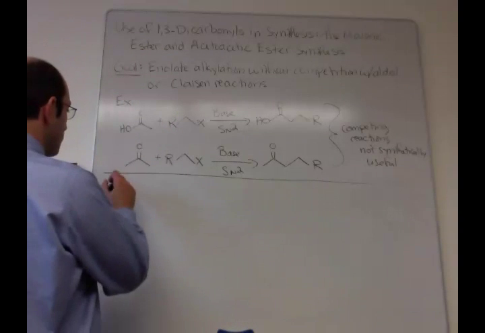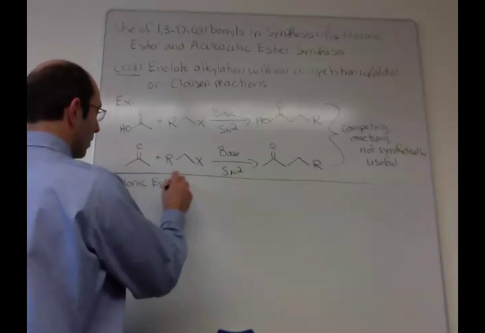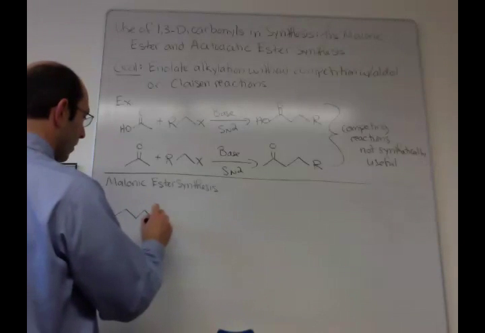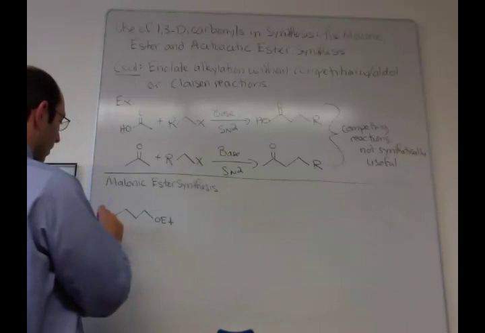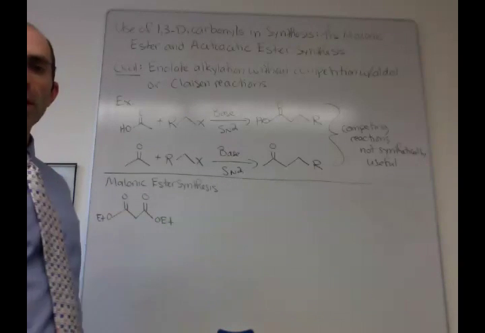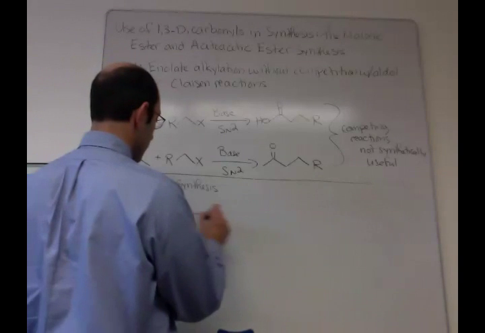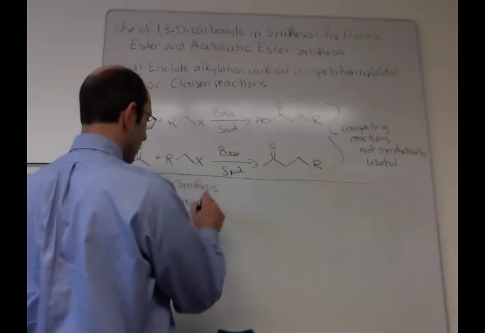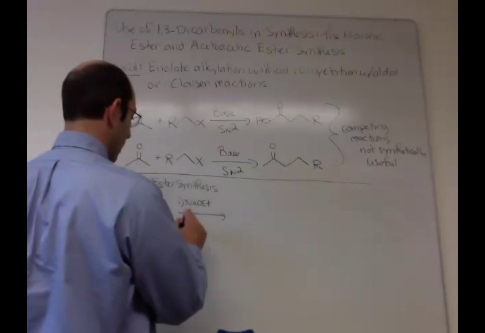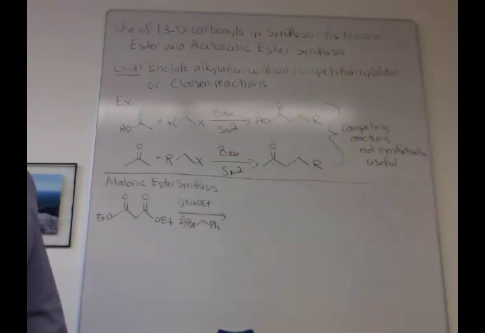So the malonic ester synthesis, that's a malonic ester, and we can react this with base, right? And then we can add an electrophile, say something like benzyl bromide, right?